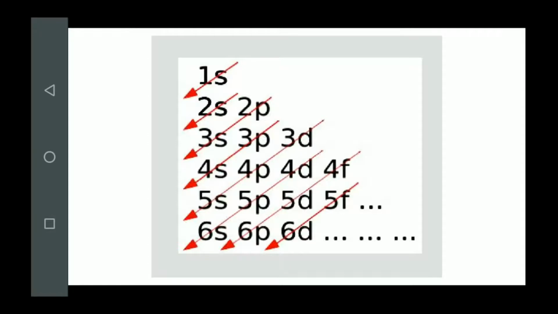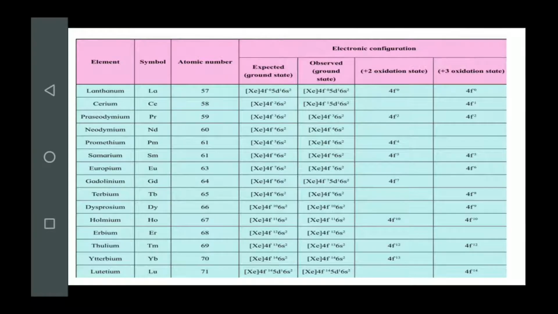Now look at the electronic configuration of these elements: the observed electronic configuration as well as the expected electronic configuration. So let's start with cerium. The atomic number of cerium is 58. The expected electronic configuration, according to the Aufbau principle, was 6s2 and then 4f2.